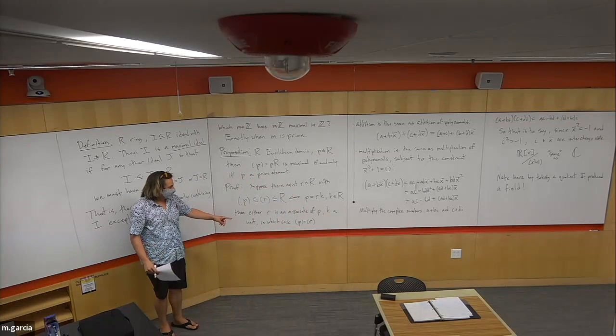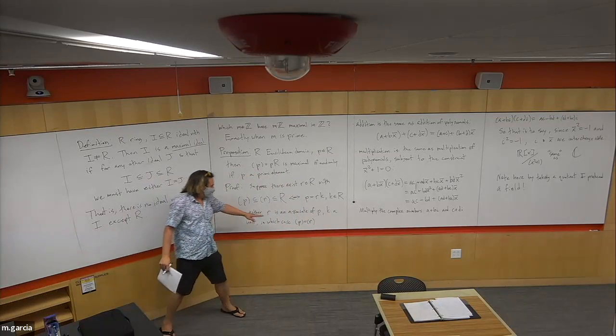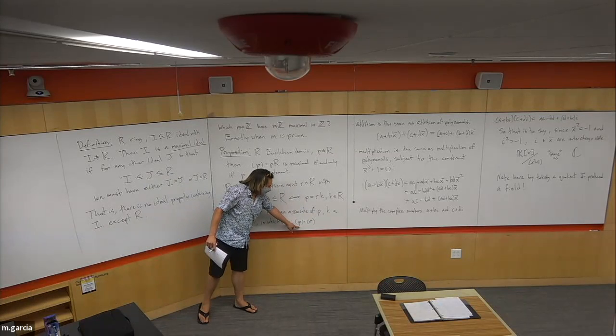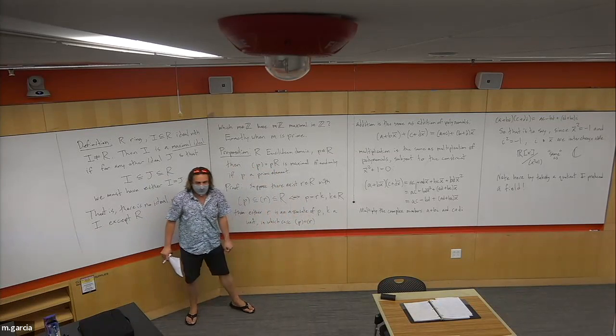Why is this? If r is an associate of P and k is a unit, how do I know that the ideal generated by P is equal to the ideal generated by r?